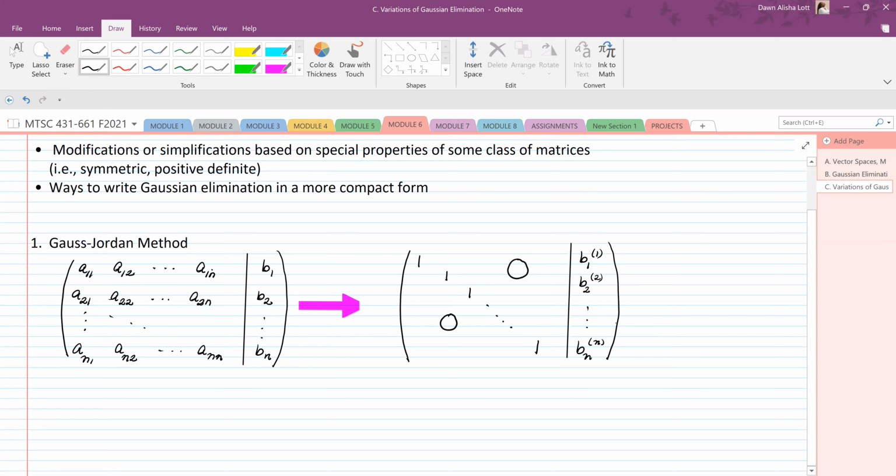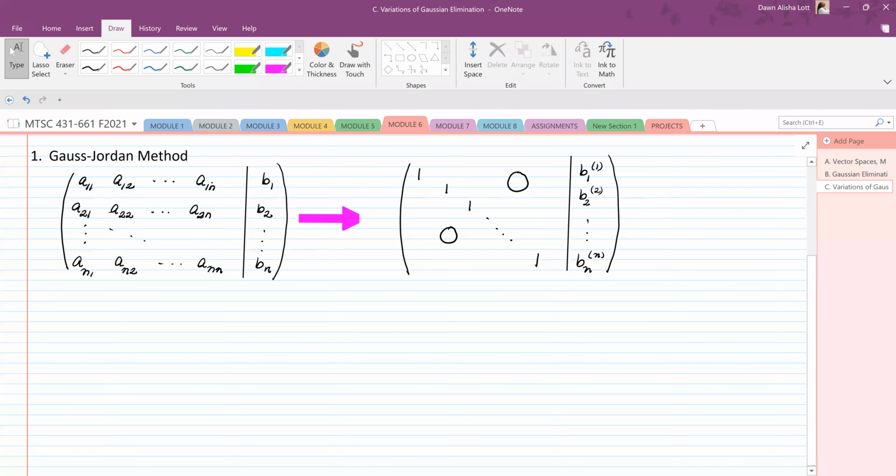Okay, so if we can do that, then we can read off x, what each one is. So we want to eliminate entries above the diagonal and go to row echelon form.